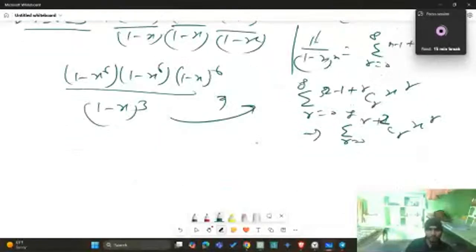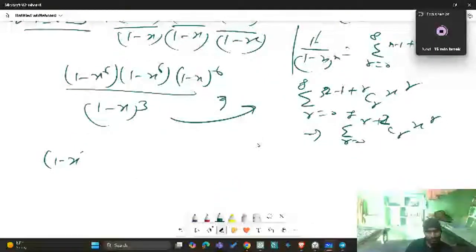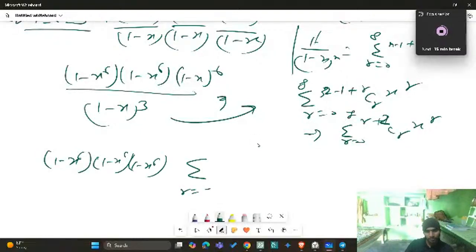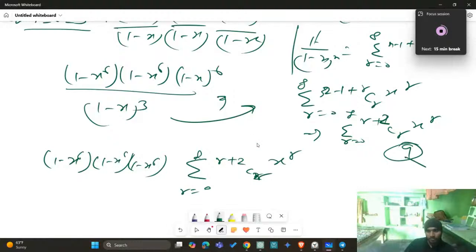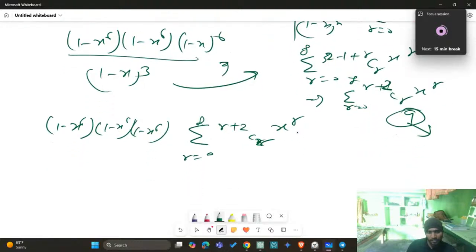So what we have now is (1 minus x to power 6) cubed into the sum over r from 0 to infinity of (r plus 2)C2 x to power r. We need the sum to be 9 here, so we use the coefficient of x to power 9.